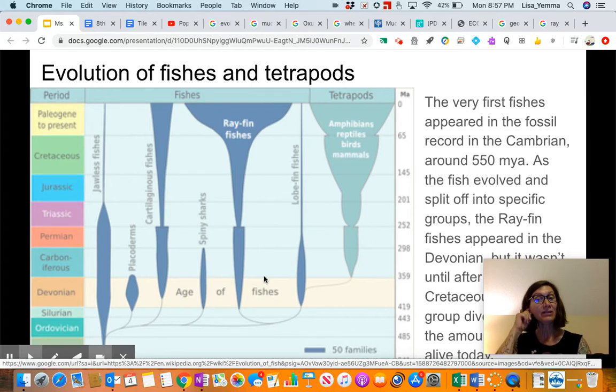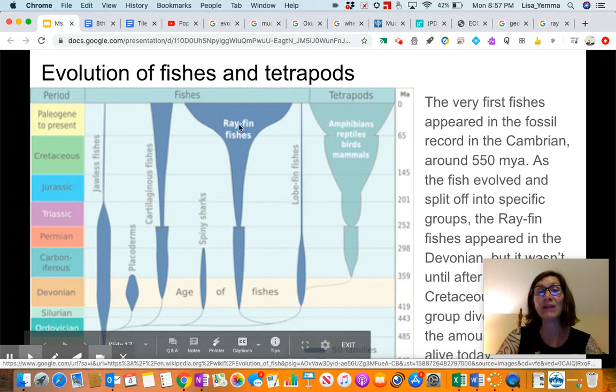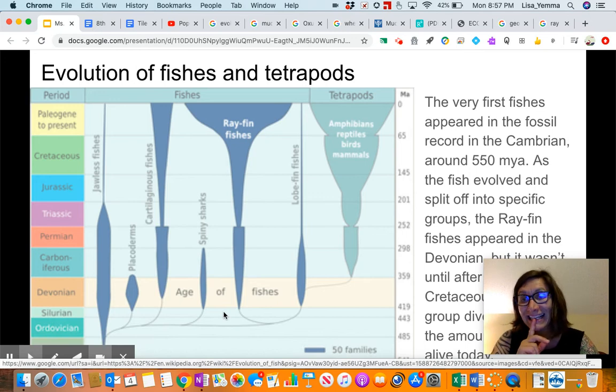Okay, this is showing you the diversity of different kinds of species. And we see with ray-finned fishes, they started out in early Devonian. The Silurian hardly has anything because in geologic time, that was a major period of erosion. So nothing got fossilized. Was something there? We don't know. But we do know it was there in the Cambrian.